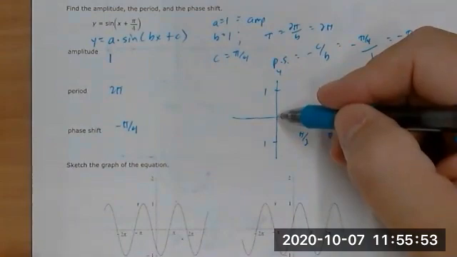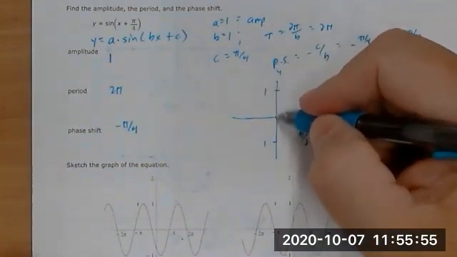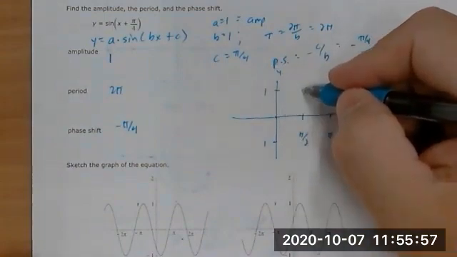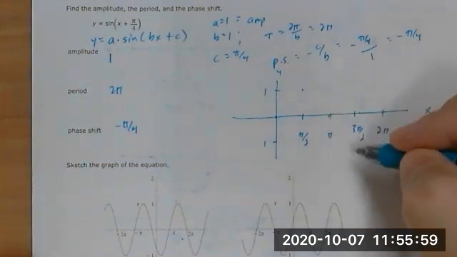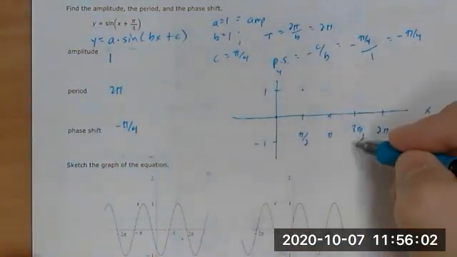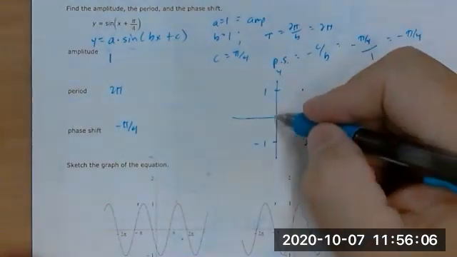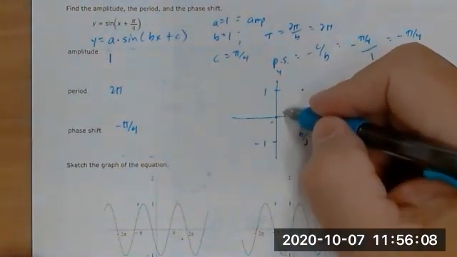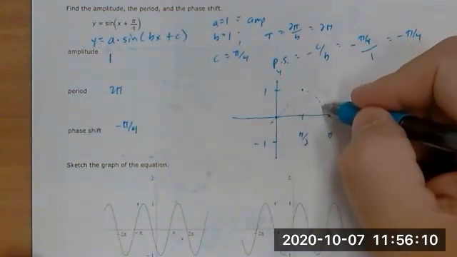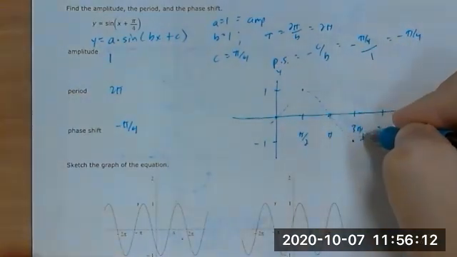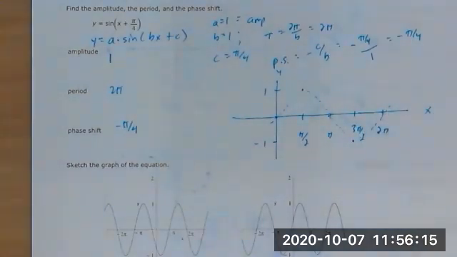When the angle is 0, the sine is 0. So it starts down here. At pi over 2, it goes to 1. At pi, it's back to 0. 3 pi over 2, it's -1. And then back to 0. So here is the dotted line, the standard sine wave.